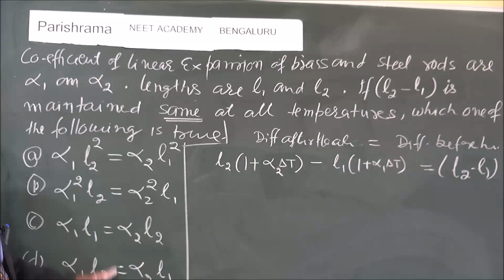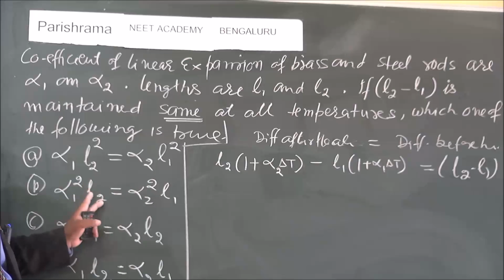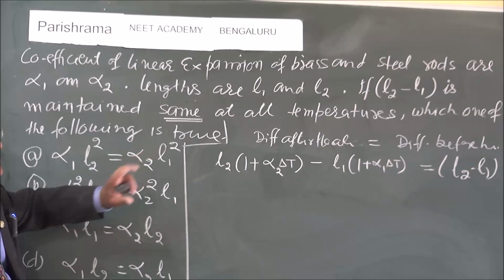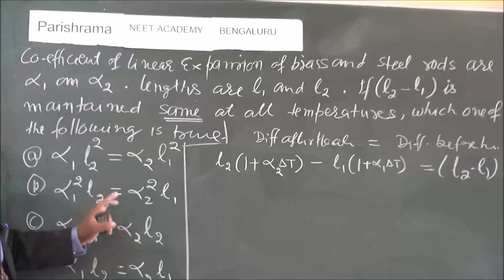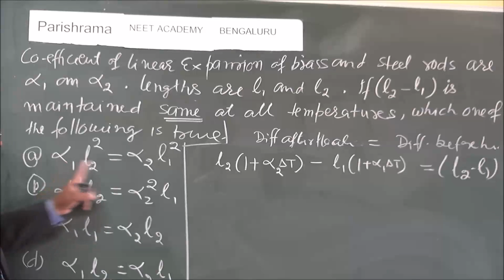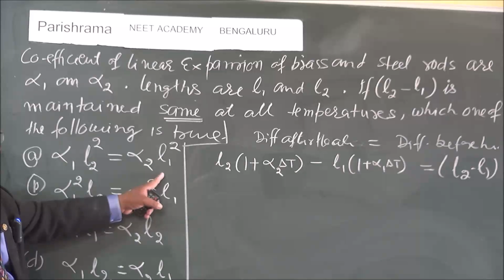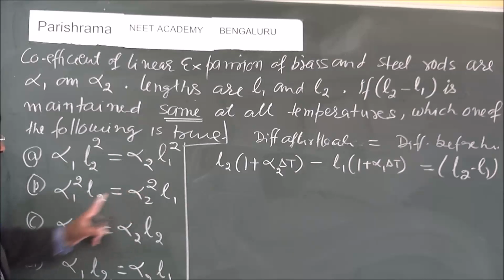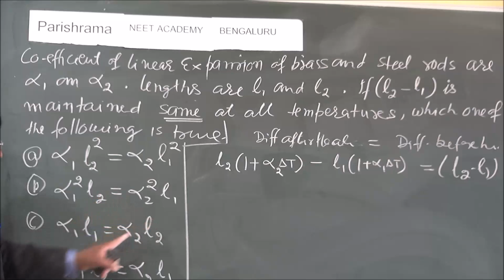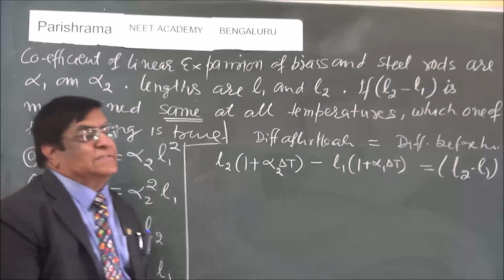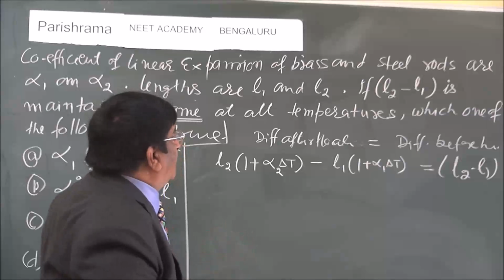That means you simply have to do some simplification so that it comes into this form. What is this form? Alpha 1 upon alpha 2 is equal to L1 upon L2. Everywhere it is the same, so you also try to get the same format here. Please, let's proceed.